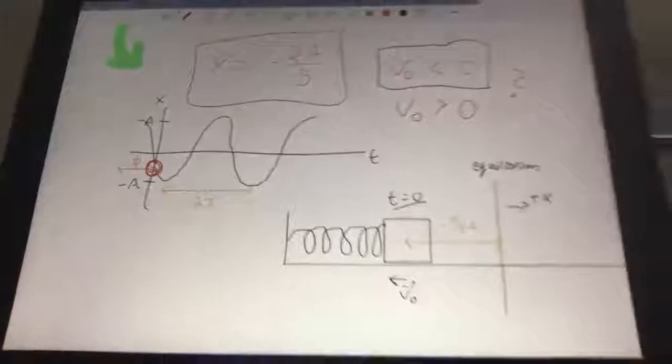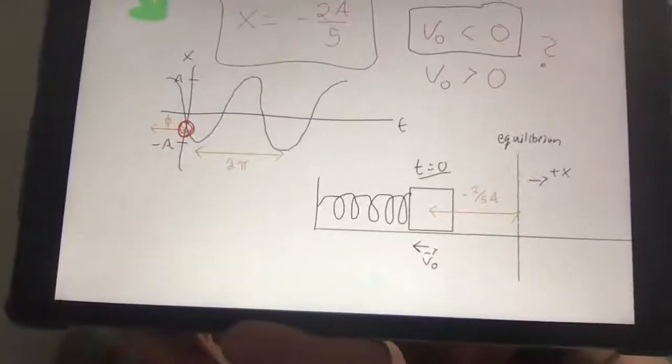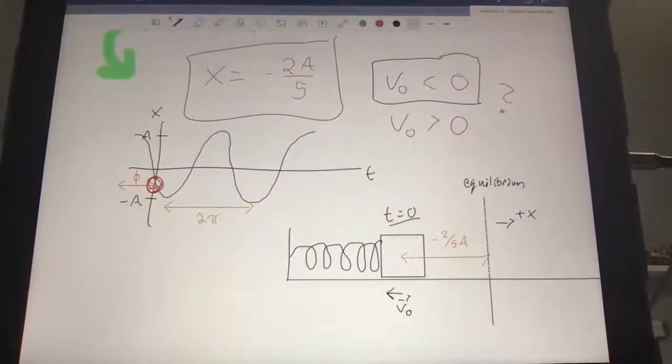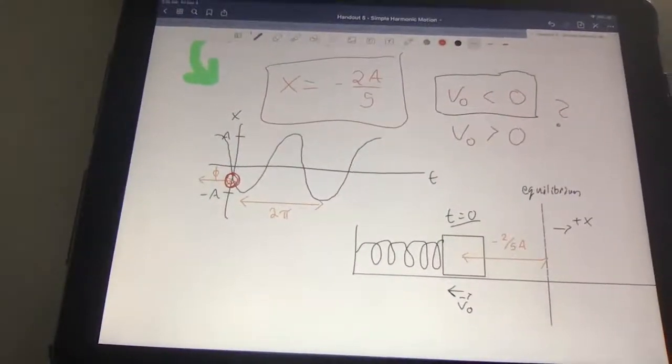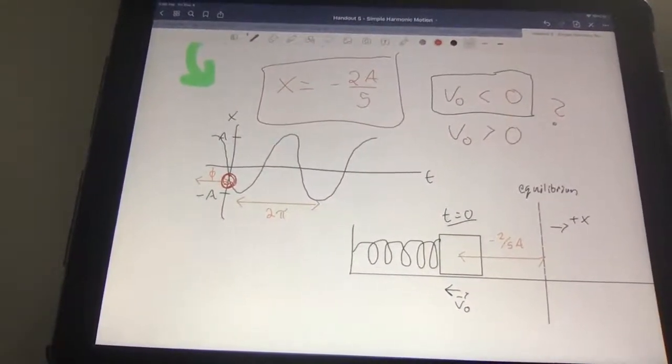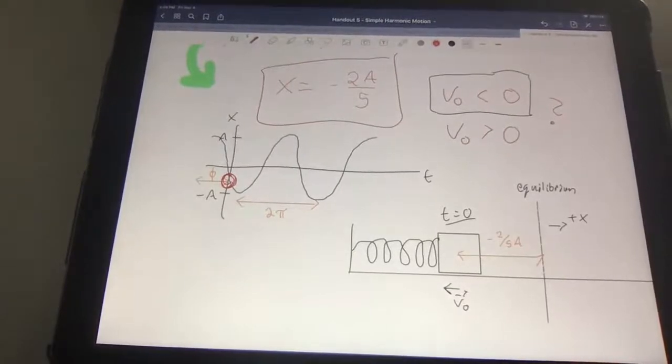I'll keep holding it up. What would be the sign, negative or positive? Yes, exactly.